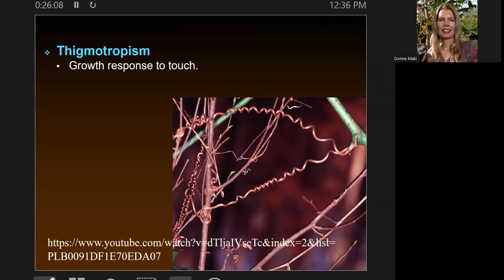Like if you think about pea plants, if you've ever grown peas in your garden or beans, and they have these vining tendrils. Sometimes when we have a lot of bean plants growing on our grow light in the lab, you'll start to see them twining around each other, and it's like, oh man, and you try to separate them without damaging anything, and it's a pain. So be careful with your beans and peas, because they can cause problems.